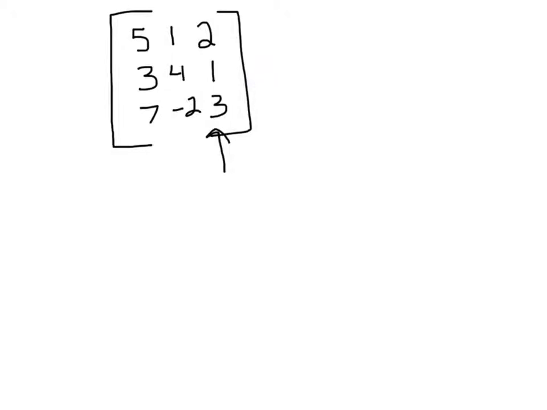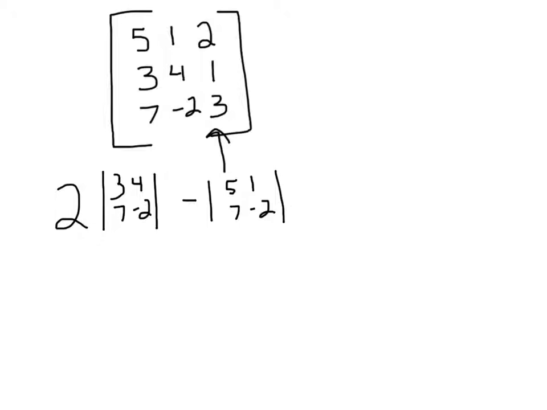So our determinant then becomes 2 times the 2 by 2 determinant of 3, 4, 7, negative 2. Then negative 1 times the determinant of 5, 1, 7, negative 2. And then plus 3 times the determinant of 5, 1, 3, 4.